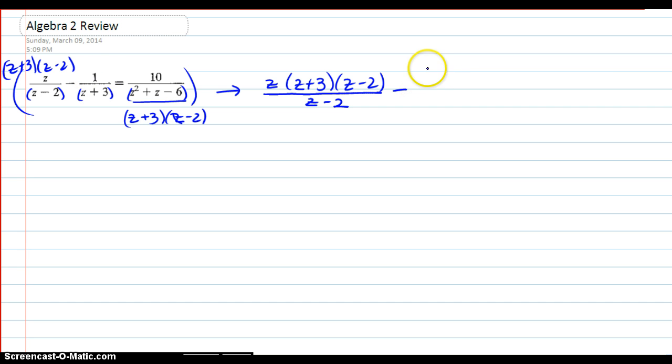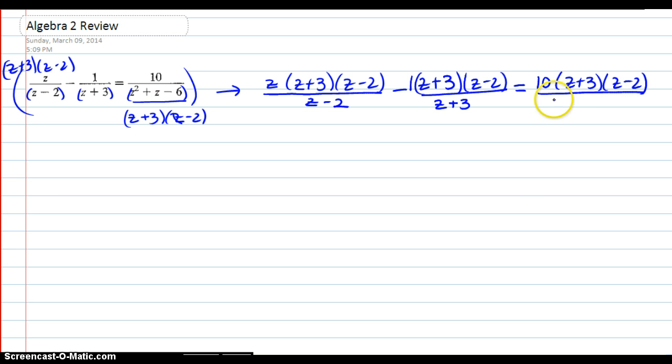Minus, multiply the 1 times that common denominator, so z plus 3 times, again, think of that 1 being there, z minus 2 over that common denominator of z plus 3, equals the 10 times the z plus 3 over the z minus 2 over that factored denominator of z plus 3 times z minus 2. So multiply every numerator by that common denominator.